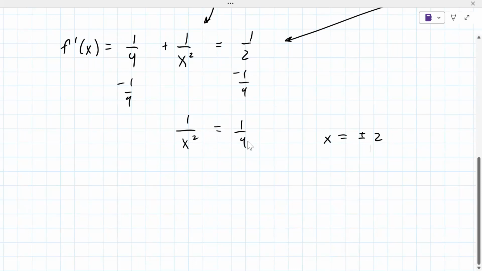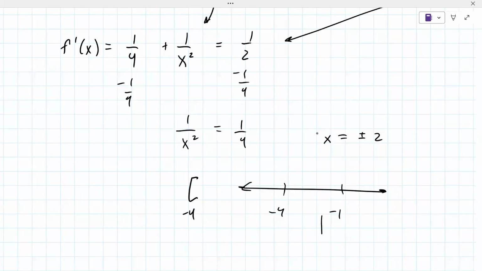Question? What do you mean by it has to be in the interval? There's two answers to this problem, but only one of them is between minus 4 and minus 1. Oh, okay. So minus 2 is there, that's C. And they're not both correct.